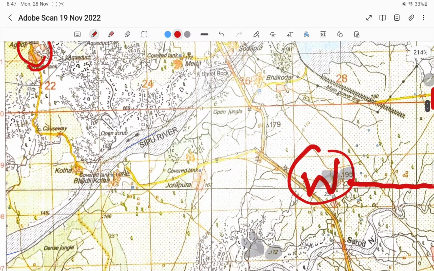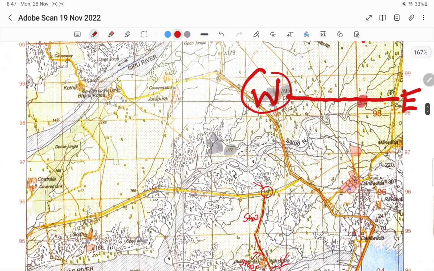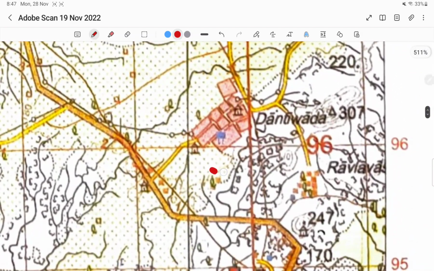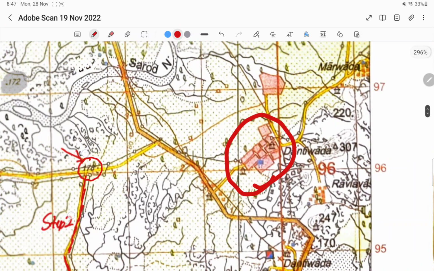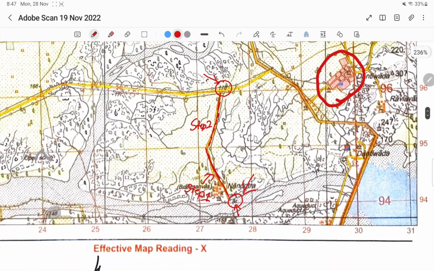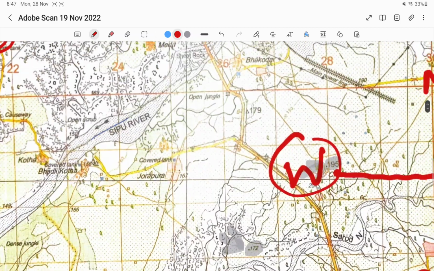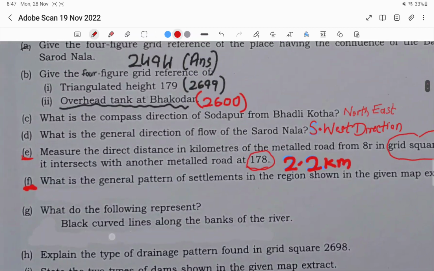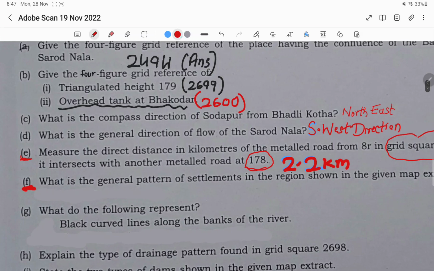So everywhere we can find that all the settlements present in the given map extract are of the nucleated type. Therefore our answer for this question will be nucleated settlement.